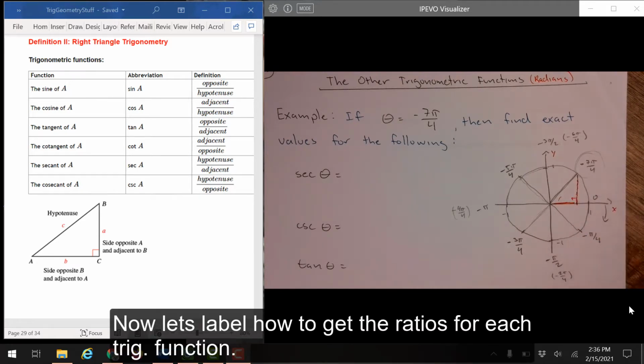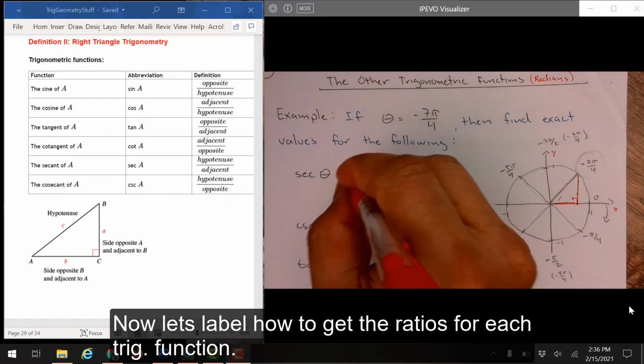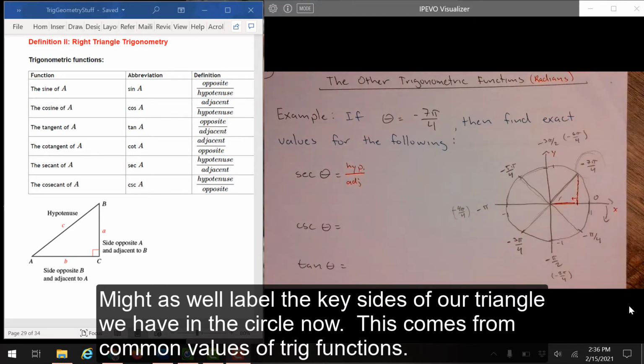Now let's label how to get the ratios for each trig function. Might as well label the key sides of our triangle we have in the circle now.